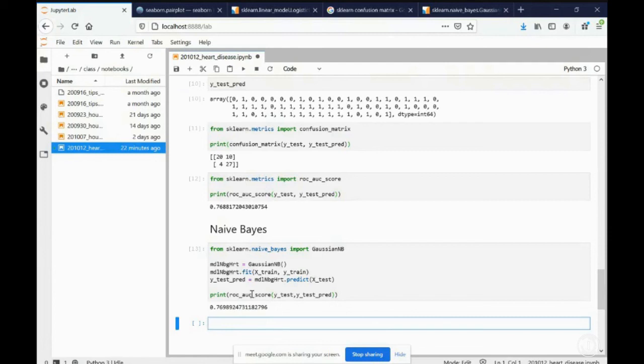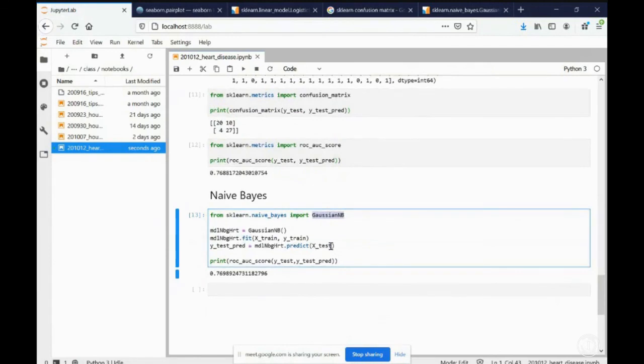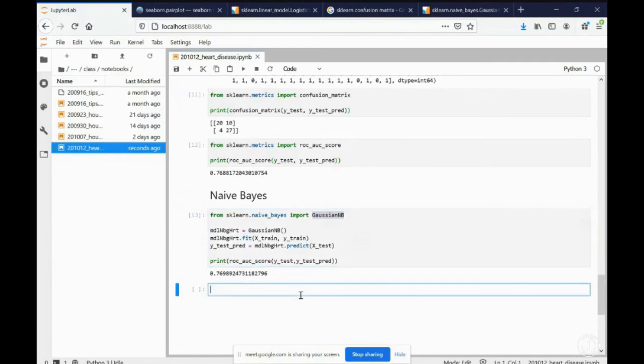But this would be the naive Bayes result, and there are a few other types of naive Bayes models which are slightly different. This Gaussian one basically assumes the normal distribution for calculating some of those probabilities. But there is one called the Bernoulli model, which basically converts some of the features into binomial.